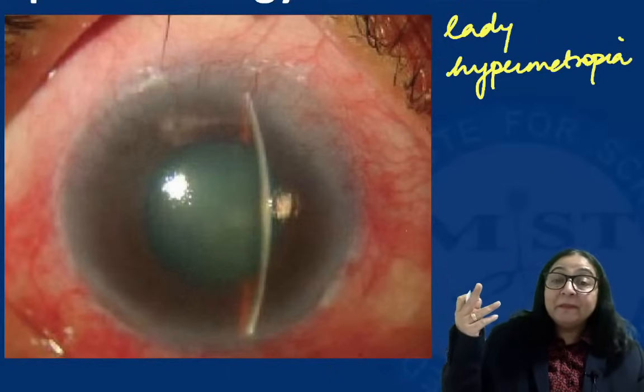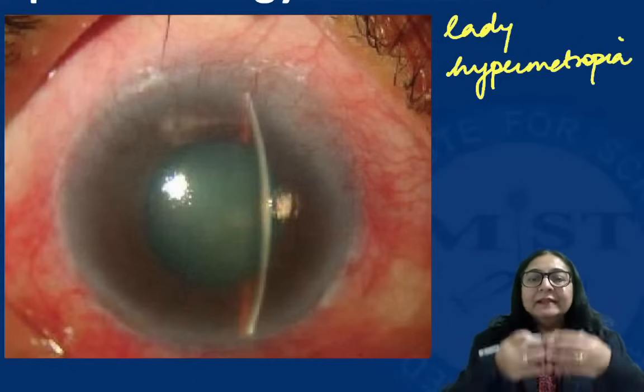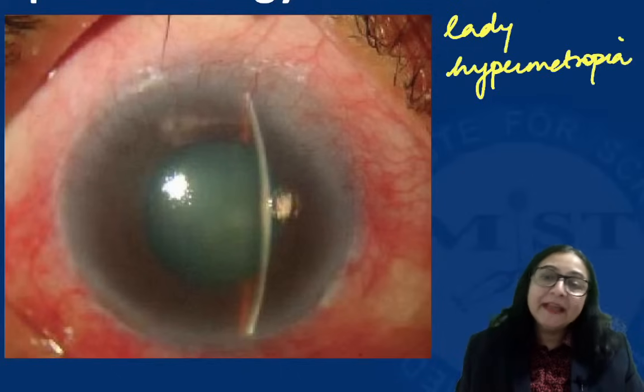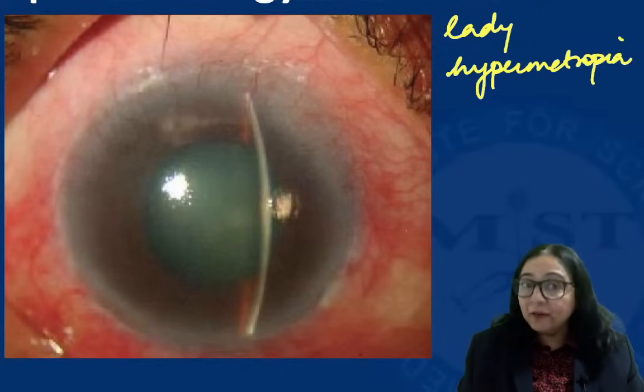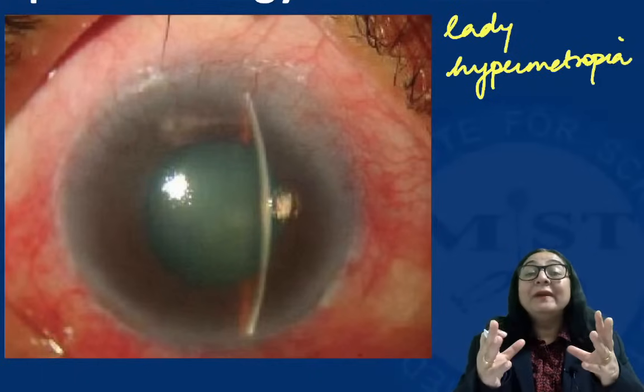Now this patient, when presenting with acute pupil block, the eye pressure becomes extremely high due to acute angle closure. That, as you always know, will occur whenever the pupil dilates.